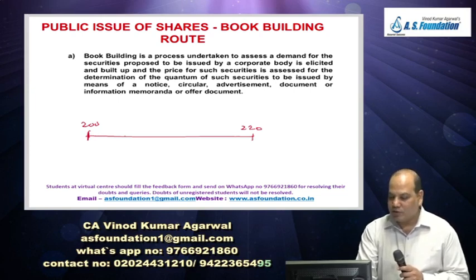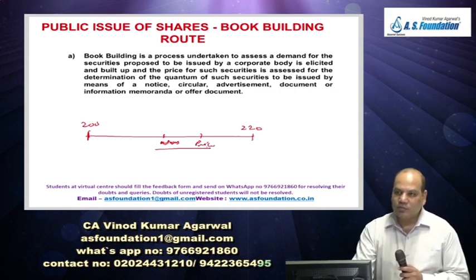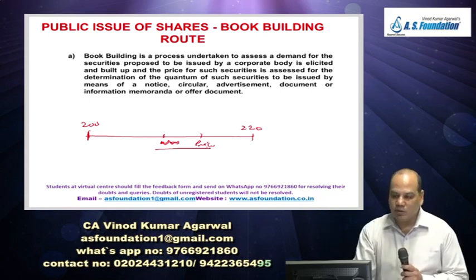Just go to their site, put the number of shares you want to buy and the price at which you want to buy, and the money will be blocked. If you are allotted the share, it will be transferred to the company's bank account, otherwise it will be unblocked. You can also try.